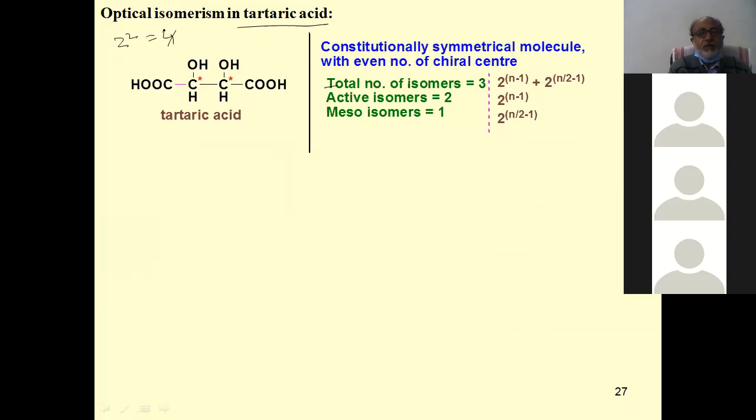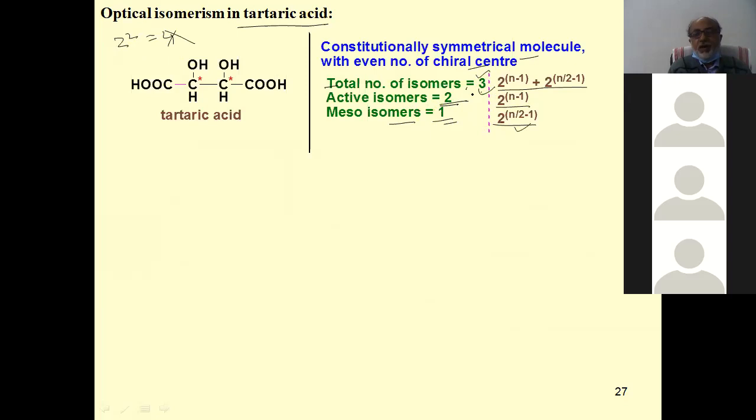But we don't get 4 here. The total number will be 3 instead of 4. If we put this formula there, you get 3. Out of these 3, active isomers will be 2, given by this formula, and the meso isomer will be 1. So total isomers are 3 instead of 4.